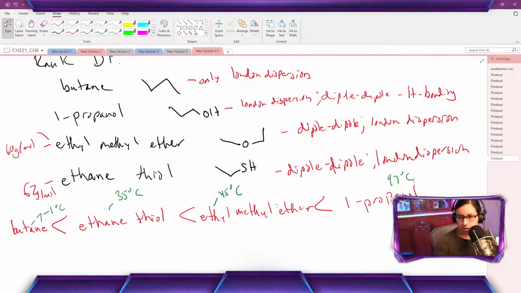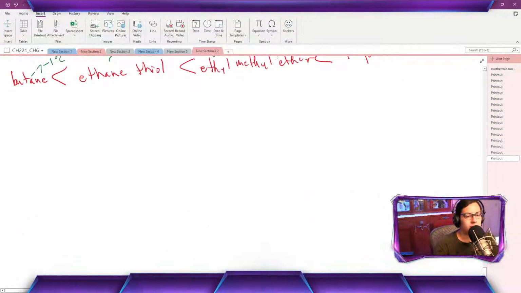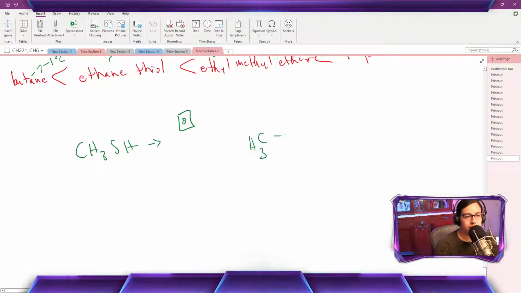All right, I feel like we've covered everything since our reaction of sulfides are just oxidizing. So let's go over the one reaction just so we can say, yes, we know how to do it. And so we have this methane thiol with oxidation. We know that we would form a disulfide bond.